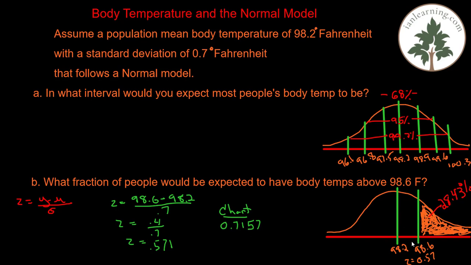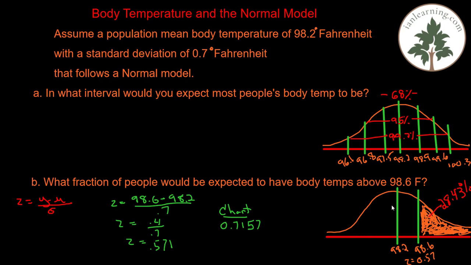So here, the fraction of people that would be expected to have body temperatures above 98.6 would be 28.43, because this percentage, right, if we move this decimal over 2 places, is 71.57%, or almost 72%, that's how much is here.